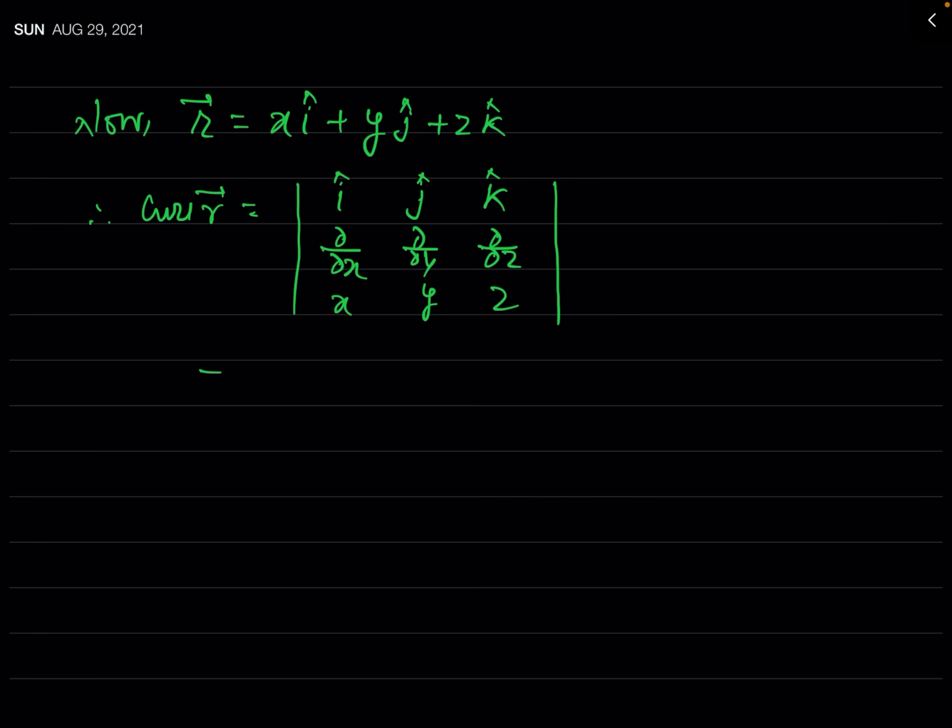Now let us solve this determinant. In first term there will be i hat and del z by del y minus del y by del z. Actually in second term of determinant there is minus sign, but here I am taking plus. It means the operation will be just reversed. So you can write it in this way.